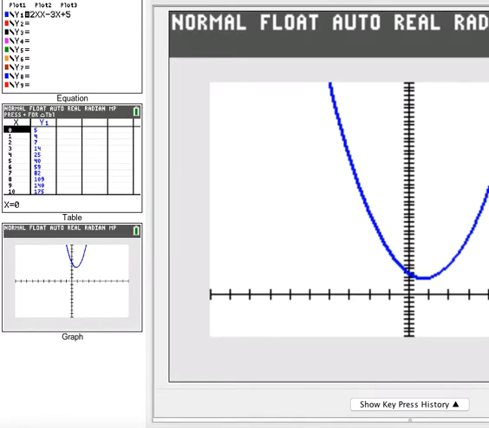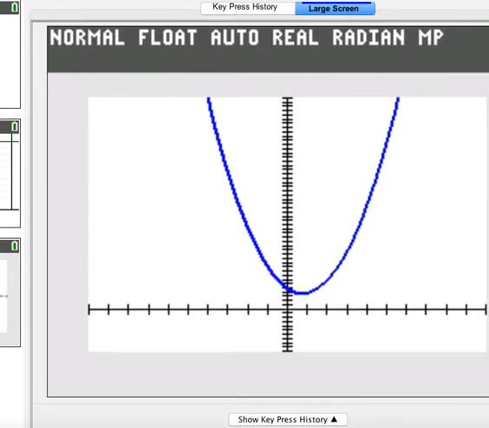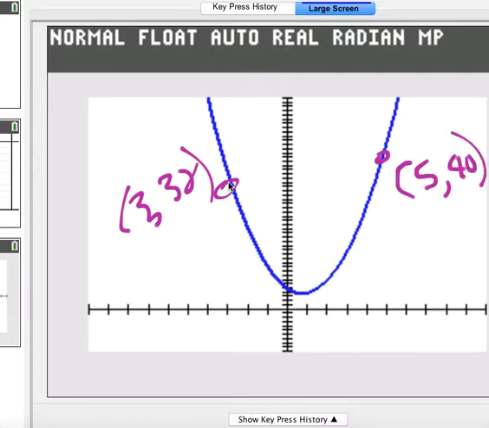And all it would basically be is this. So this is the graph, and -3 turns out to be 32, so I have the point -3, 32, something right around there, and then I have the coordinate point 5, 40.